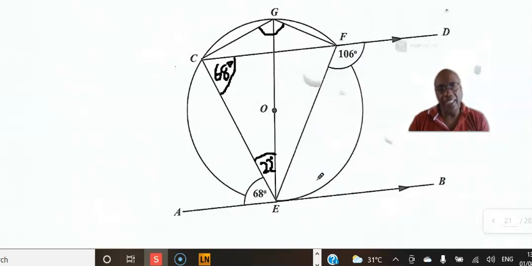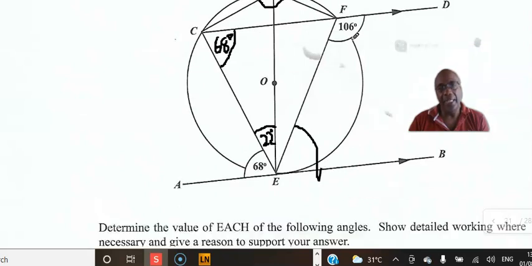So we can find this angle here by subtracting 180 minus 106. And we're going to get 74 degrees. So this angle is 74 degrees because of the rule about co-interior angles.